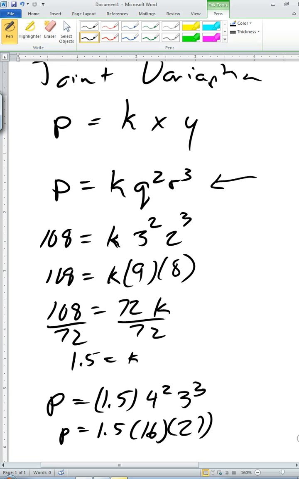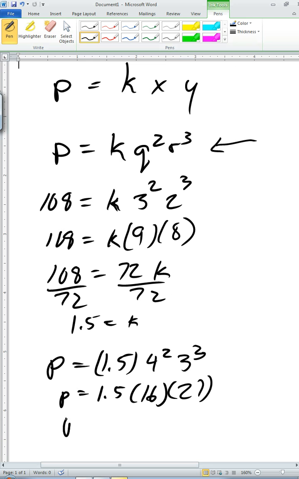So p in this case is equal to 648. Now, I'm really hoping that's the correct answer as I go to look these pieces up, but I'm thinking that should be, unless I did something really goofily wrong. So those are some of the pieces that work with a joint variation.